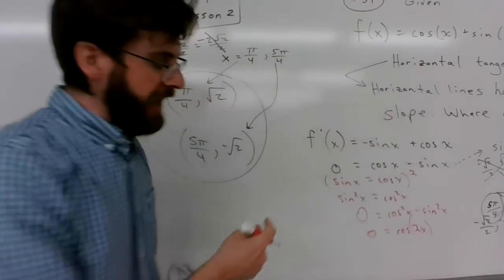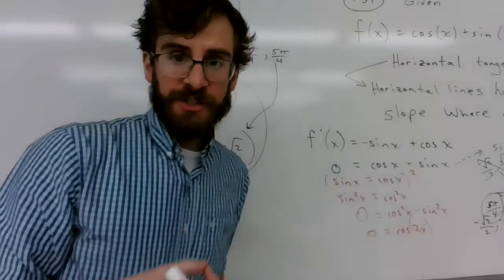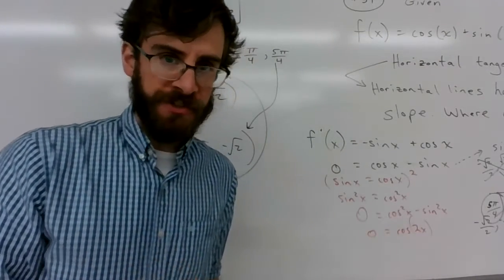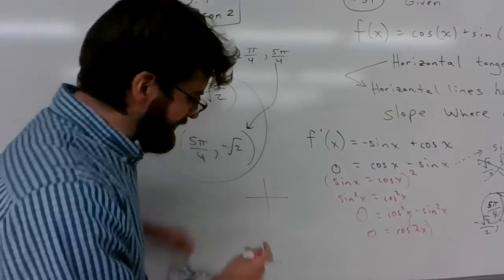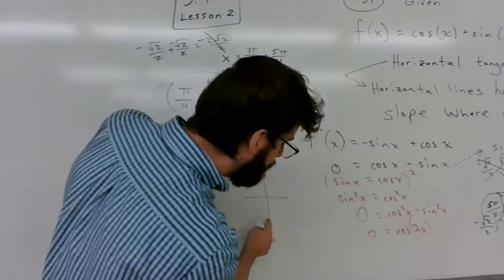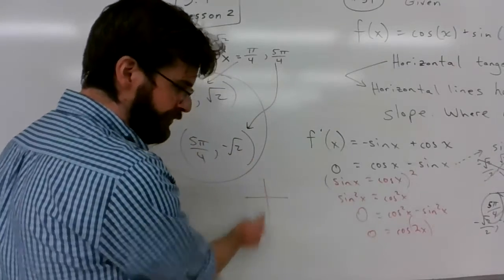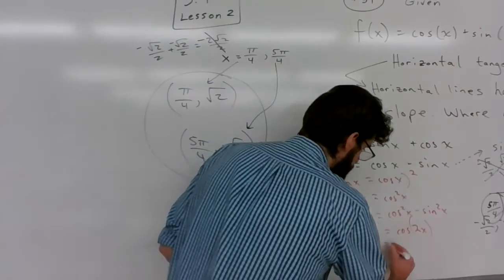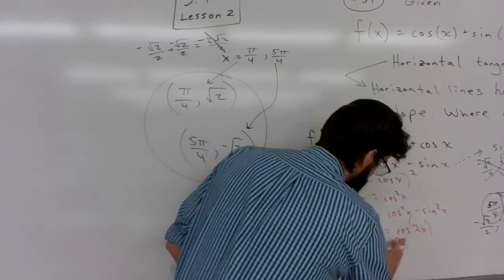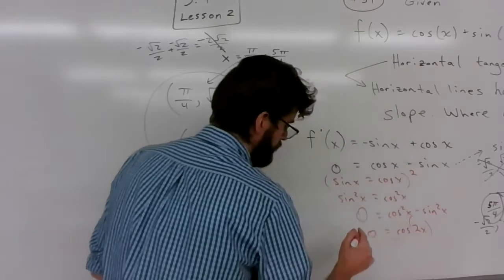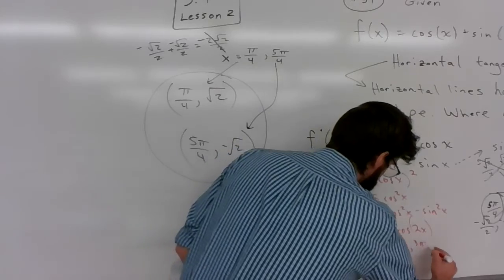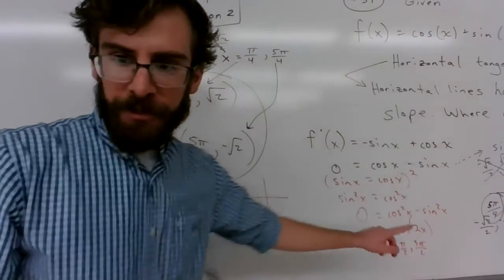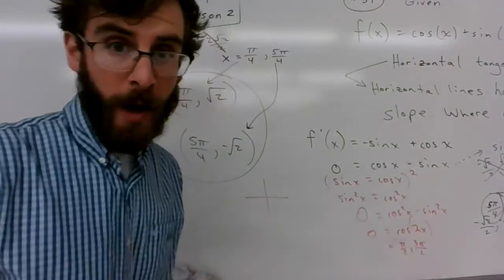Because what you would do is ask yourself, where are the places where the cosine function equals 0 on the unit circle? Cosine is the x value, so you're not moving right or left, so at pi over 2 and 3 pi over 2. But then there's double the number of solutions because it's 2x.